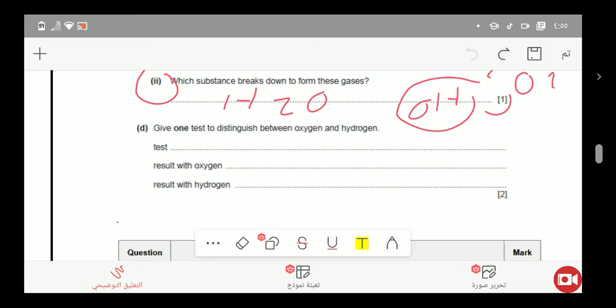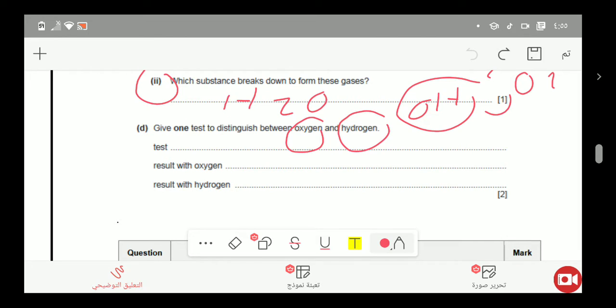Then the next question. Give one test to distinguish between oxygen and hydrogen. Easy question. All of us know how to distinguish between them. If you use a lit splint, with hydrogen, H2 will give a pop sound.